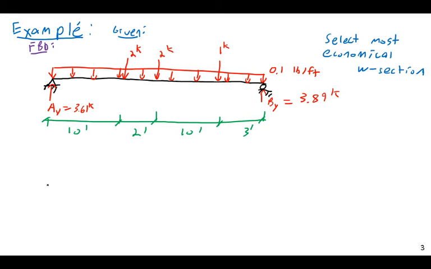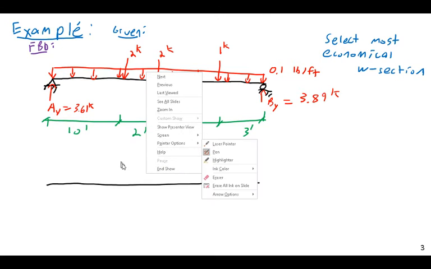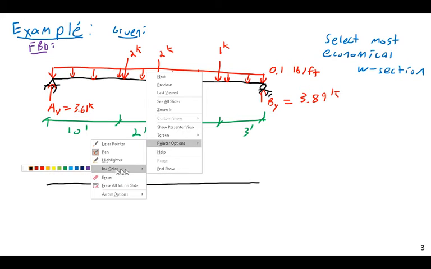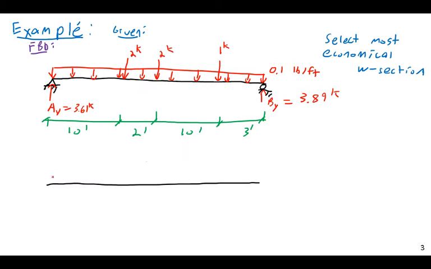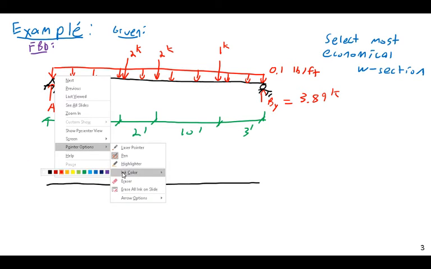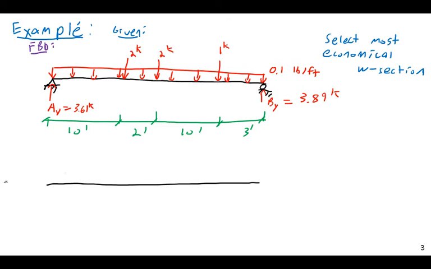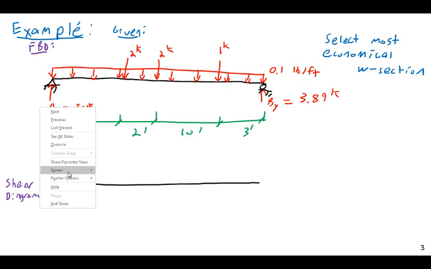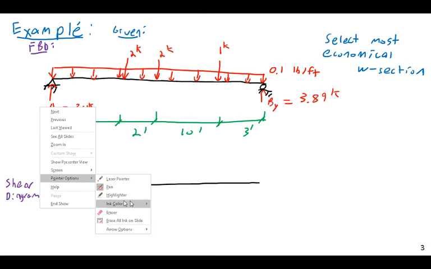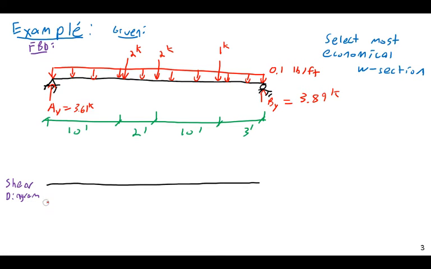Alright, so if I go up here, I'll need to draw the shear diagram. This is why you learned how to draw shear and bending moment diagrams in statics class, because this stuff's important.